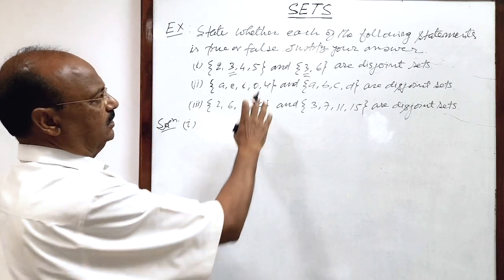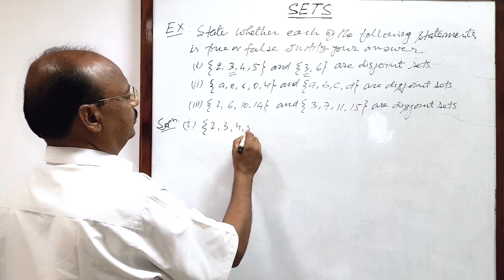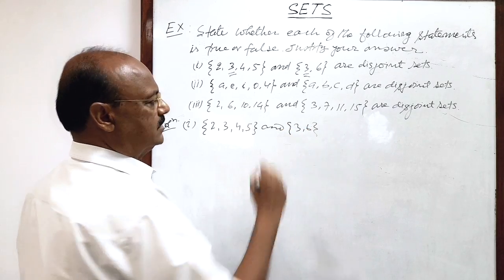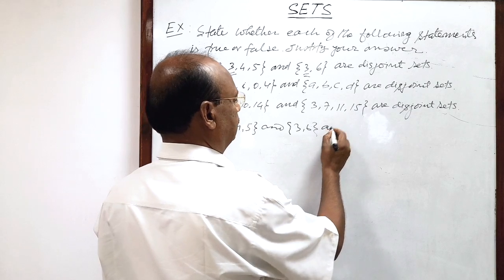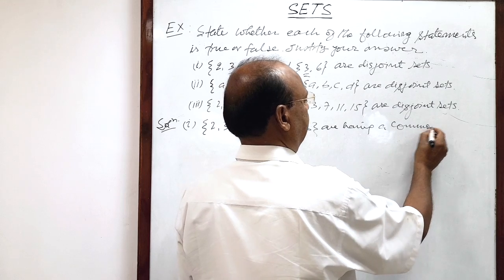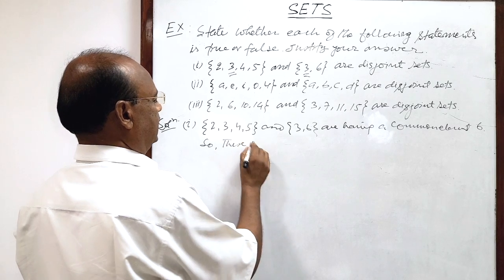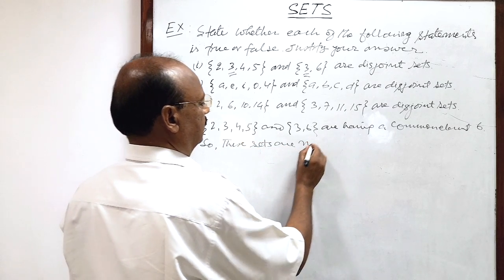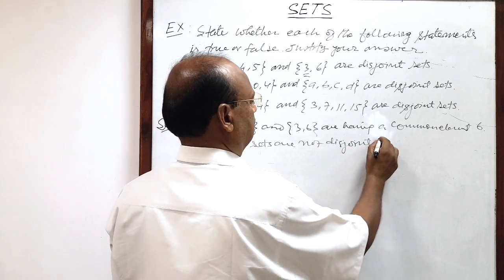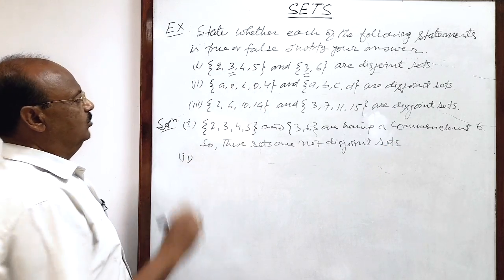So our justification is that these two sets, 2, 3, 4, 5 and 3, 6, have a common element, isn't it? So these sets are not disjoint sets.